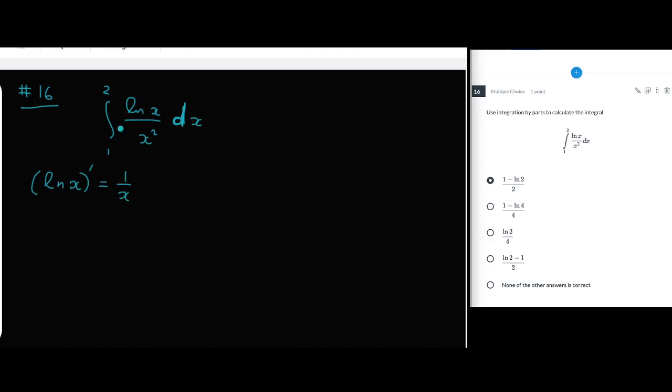And we do have something in our integral. We have a part of our integral that is 1 over x, right? Because if I rewrite my integral as natural log of x times 1 over x squared, of course I can rewrite that as 1 over x times 1 over x dx.